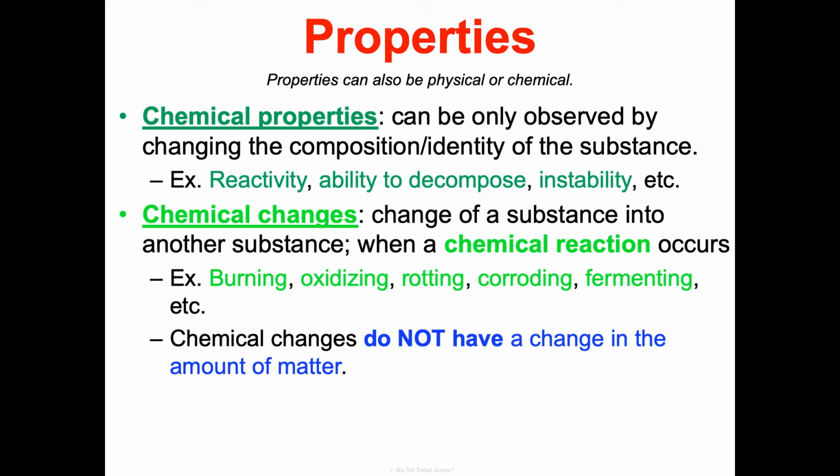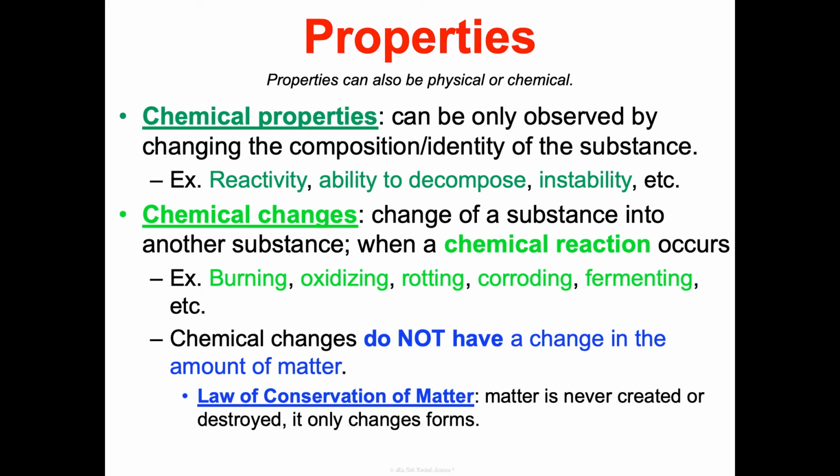Now, chemical changes do not have a change in the amount of matter. It just changes the amount of energy that is there. Okay, and that's really important. They don't change the amount of matter because of the law of conservation of matter, which hopefully you remember from physical science, which states that matter is never created or destroyed. It only changes forms.